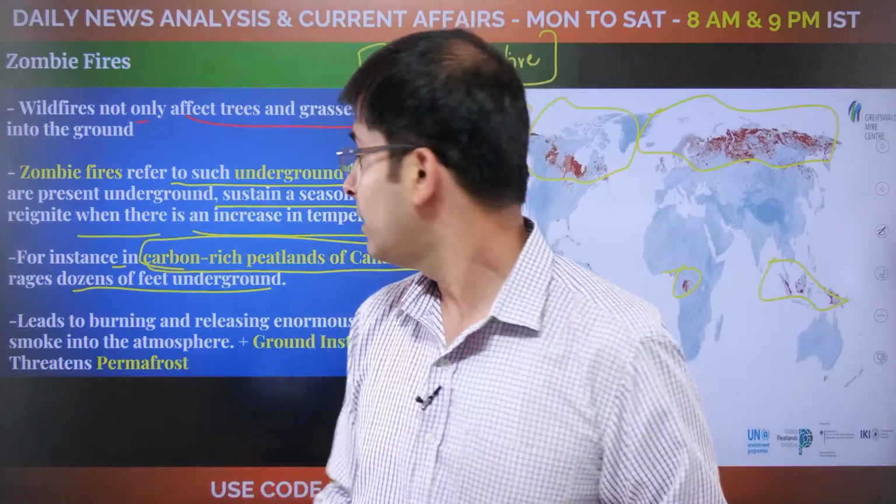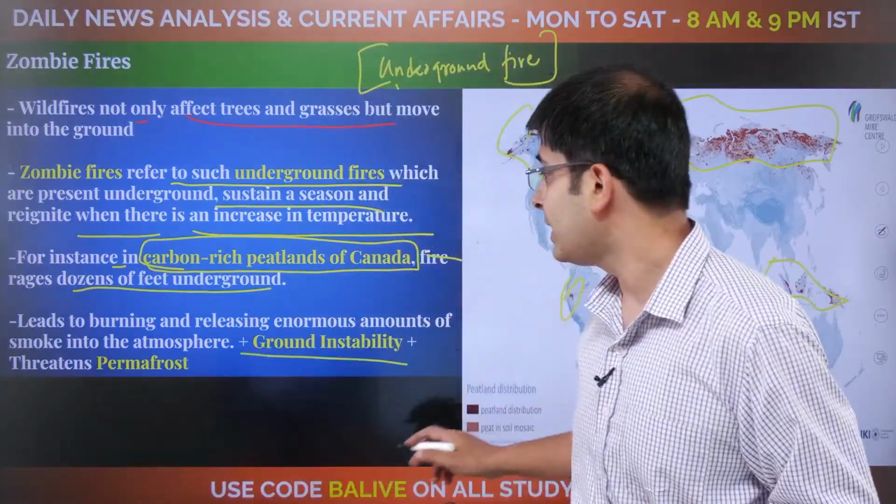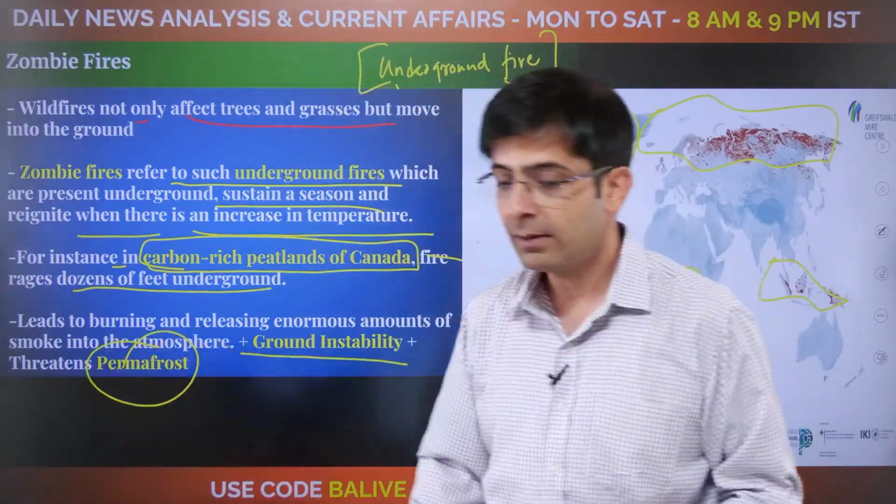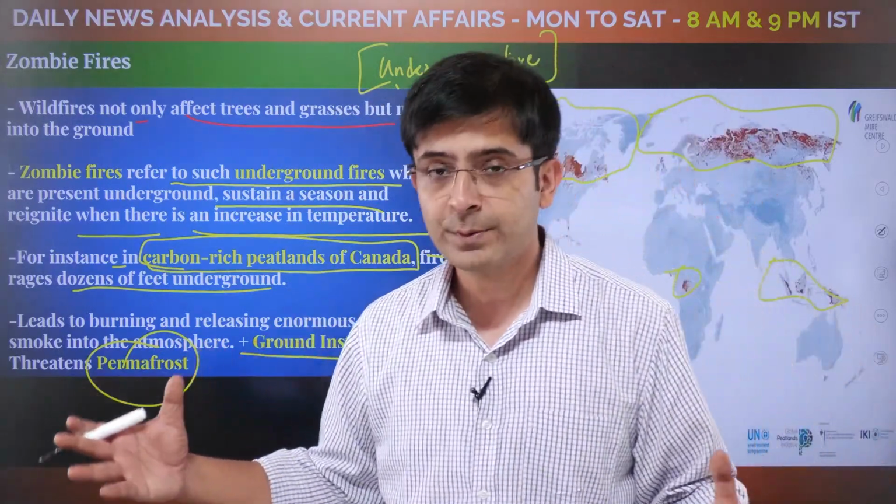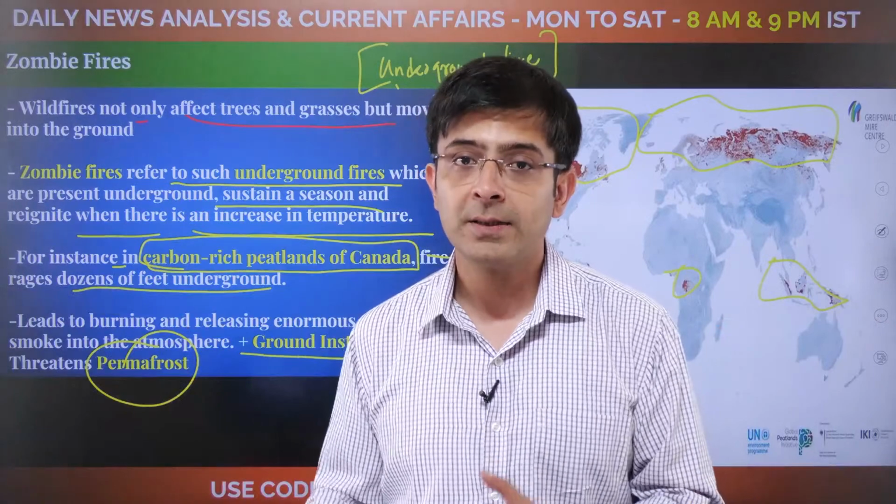The permafrost melts. The carbon is released into the atmosphere. More of such pollution happening. In addition to the pollution of the raging forest fire also, the underground fire. Okay. You are looking at ground instability, permafrost getting threatened, large volume of smoke being billowed into the atmosphere. That is a zombie fire.